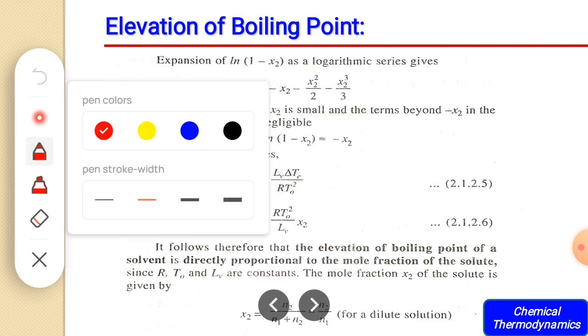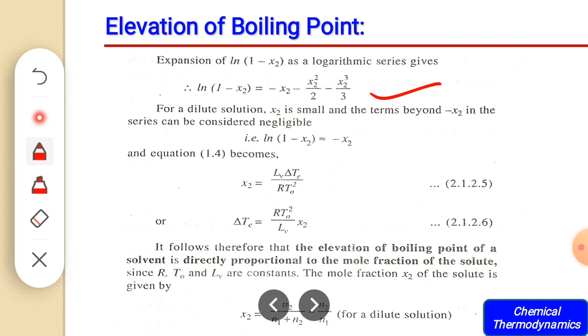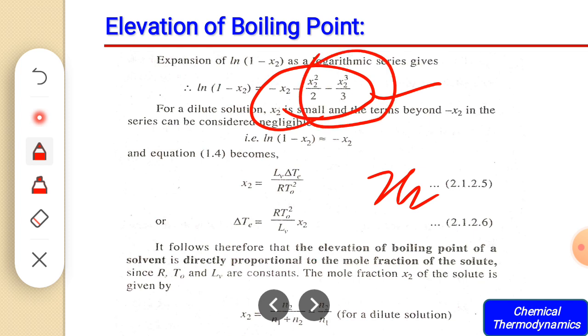Also we have the expansion of ln of 1 minus x2, which is equal to minus x2 minus x2 square divided by 2 minus x2 cube divided by 3. And for a dilute solution, this x2, the mole fraction of solute, is very small, and that's why the other terms beyond minus x2 can be neglected, considered negligible.